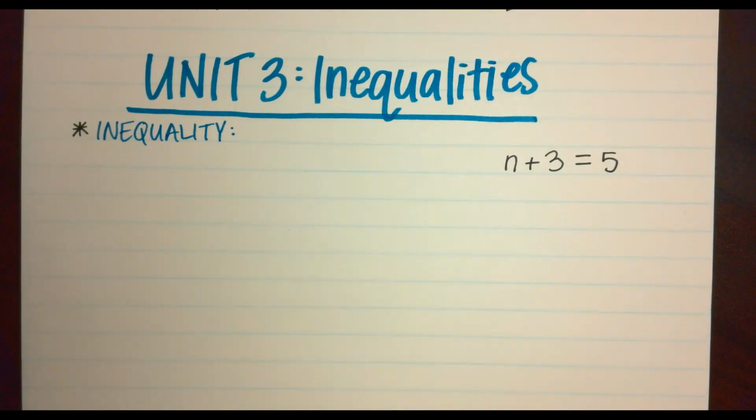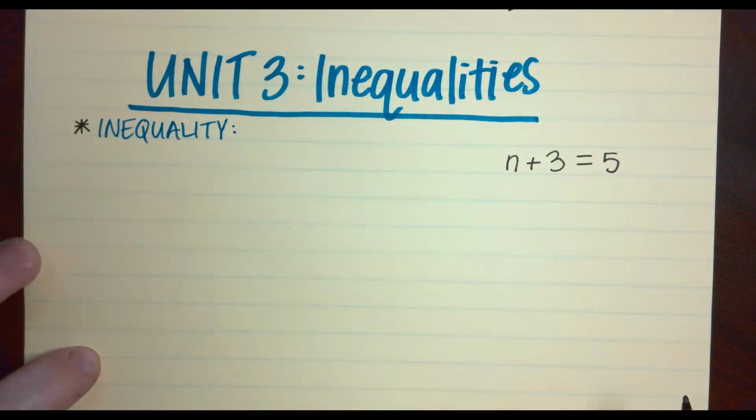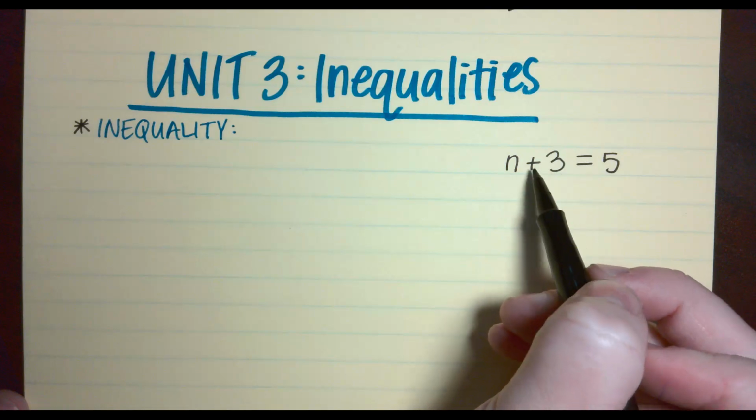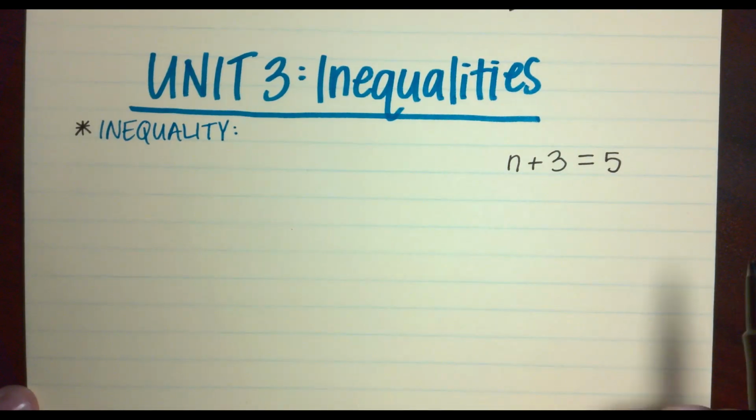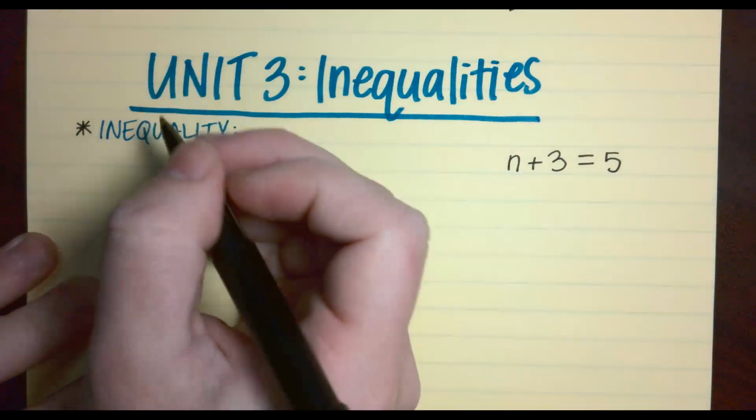Now, an inequality is different. You hear that unequal. It's unequal. It's not equal. So what's happening is it is a number sentence, kind of like an equation, but we will be comparing values that are not equal. So instead of showing that these are the same, we're comparing them and showing different values.